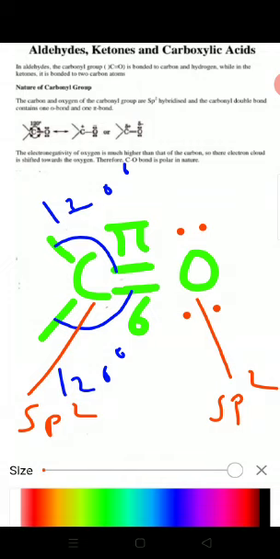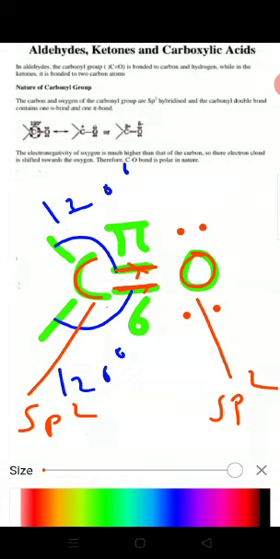And here the nature of the C=O bond is polar. Why is this polar? Because the electronegativity of oxygen is much more than carbon, and hence the electrons are pulled towards the oxygen.